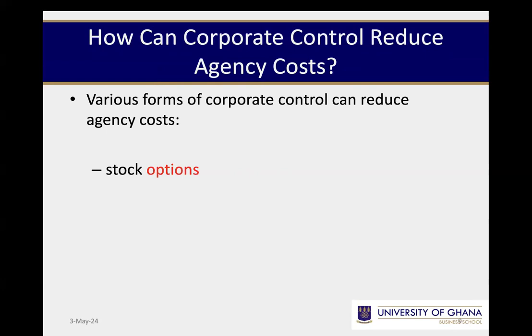So when such a market exists, it's assumed that it also helps to reduce agency costs. The other option would be to provide stock options where managers get options on these stocks to align their interests to improving the stock value or the values of the stocks of the company.